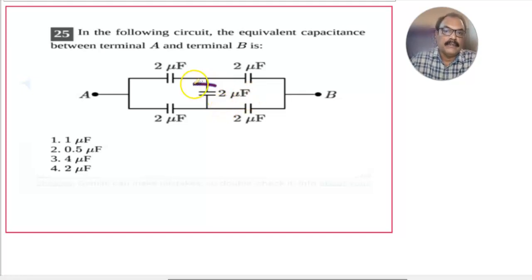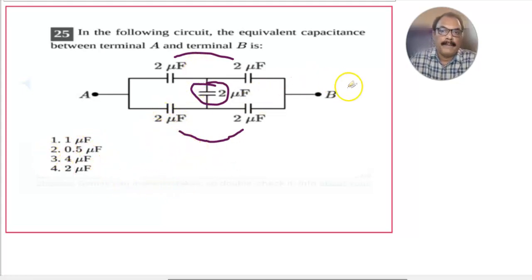So that means this one will be 0. Once this one is 0, these two are connected in series. These two are connected in series. And after finding this series, one can easily find the net capacitance. The net capacitance can be calculated.